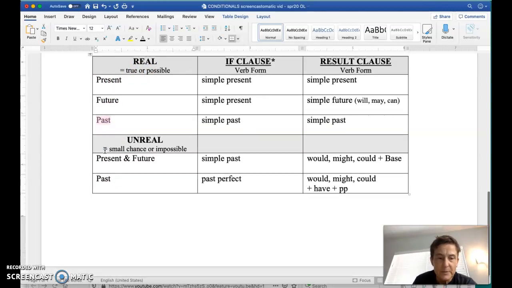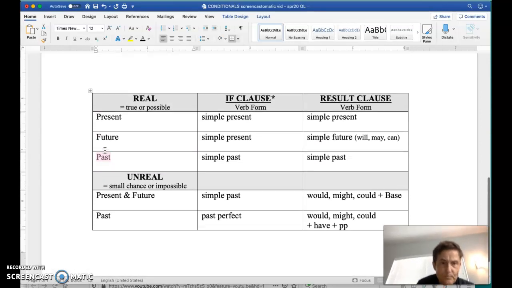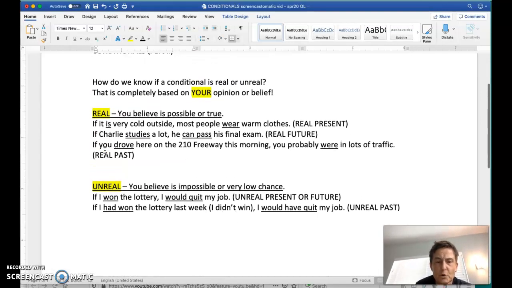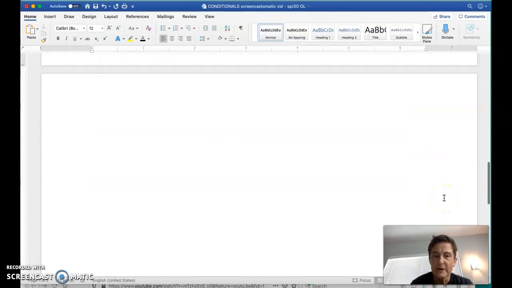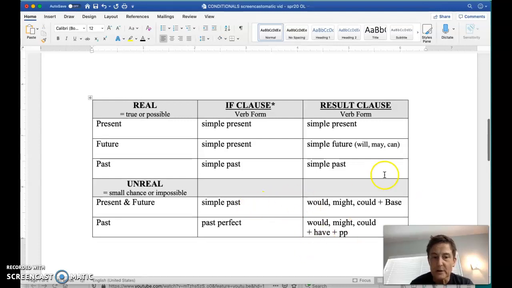Okay, now something else to talk about. Let's go back up to unreal. So when you use unreal with the be verb, everything is going to be only were. Okay, so you see for the unreal here, we have simple past in the if clause if it's present or future.